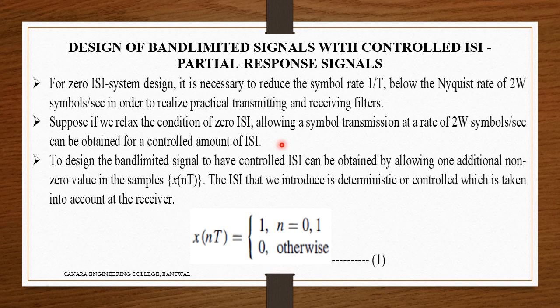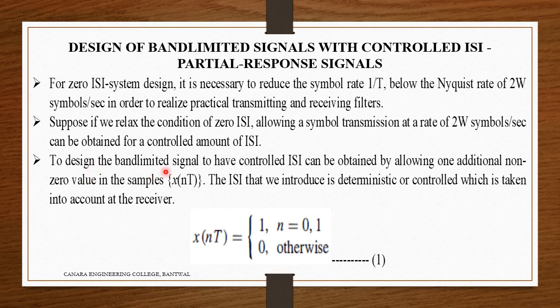Now we think the ISI can be controlled. Instead of sending at W, now it is equal to 2W.